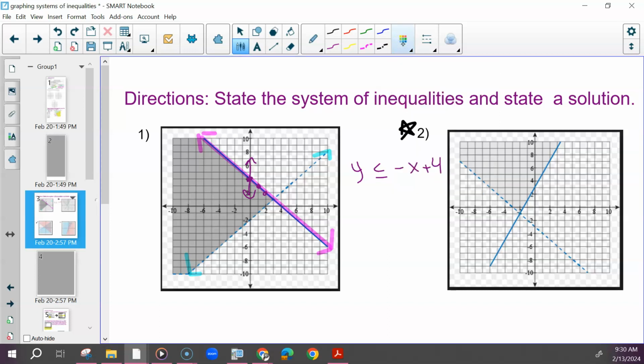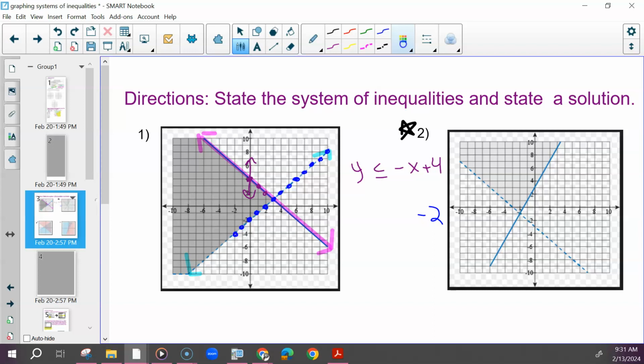Okay, for your other line, what's the y-intercept? Negative. And then we're using the slope for this one. So if we think the slope is 1, just double check it, because sometimes it looks like it's 1, but maybe it's something like 2/3 or 3/4, 5/6, something really close like that.